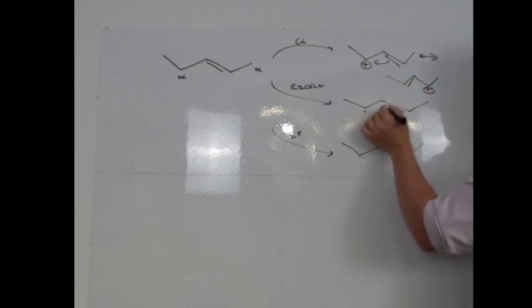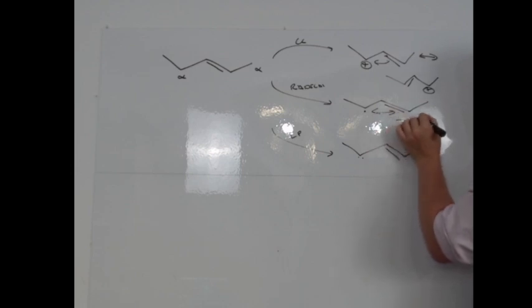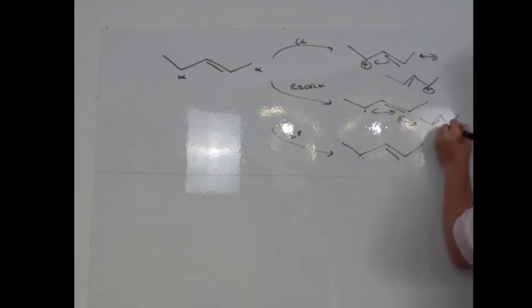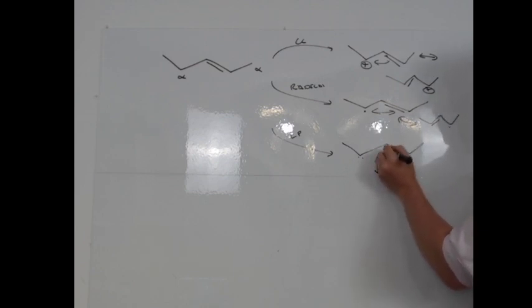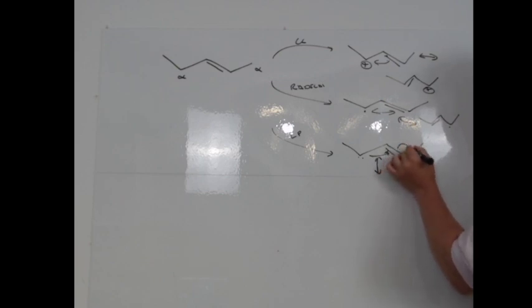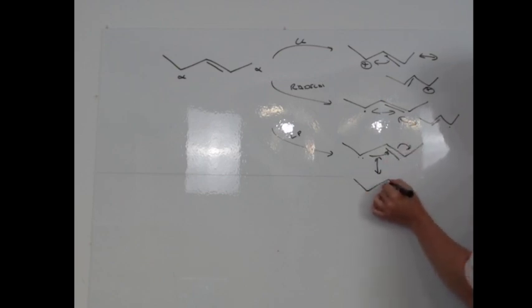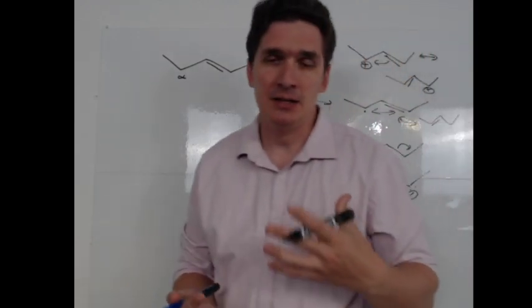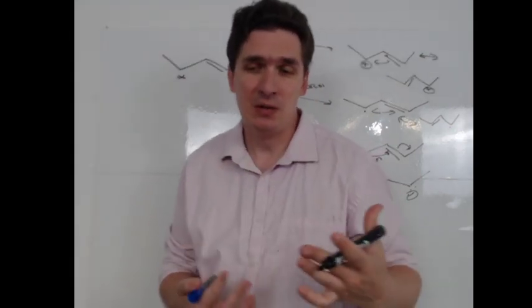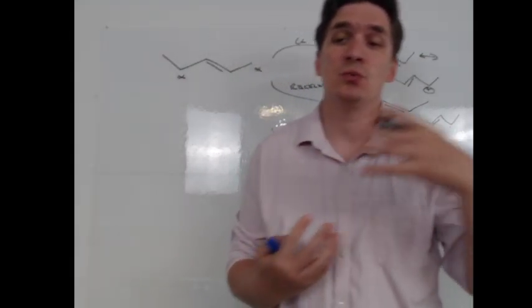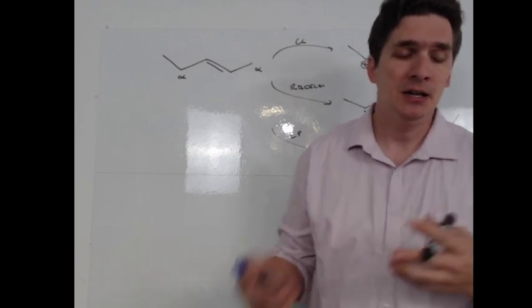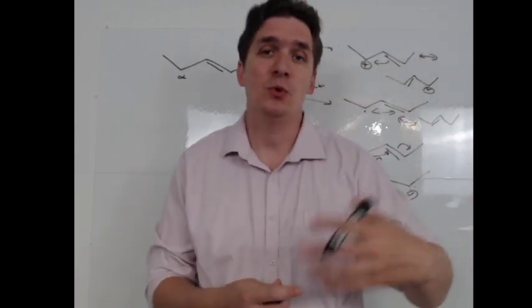Looks like this. Or we can create a resonance structure. It looks like this. Or we can create a resonance structure. It looks like this. The idea here is that because the allylic carbons are adjacent to this double bond, they participate in resonance structures with the double bond. And inherently having a resonance structure makes you more stable.